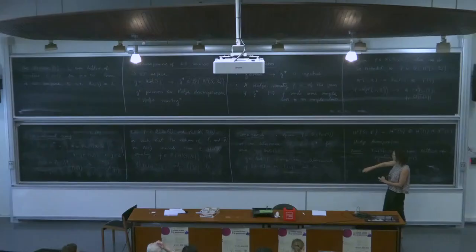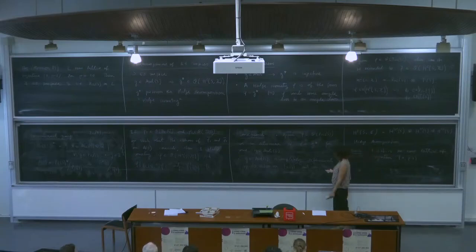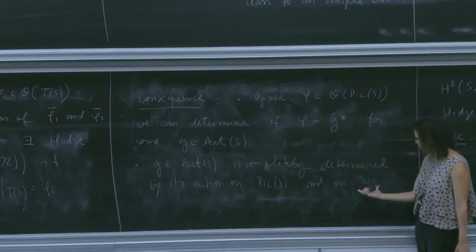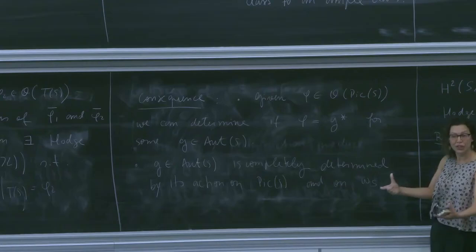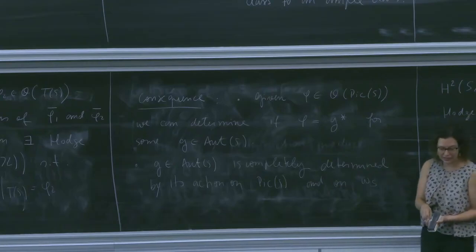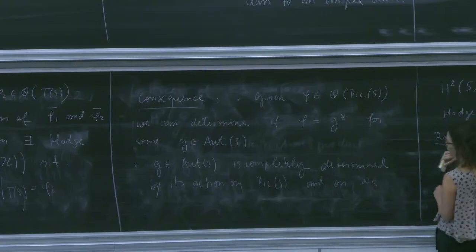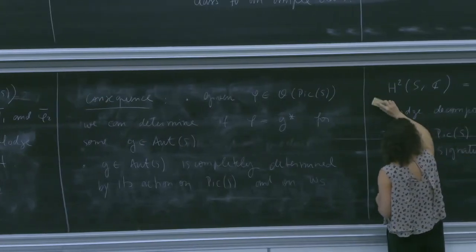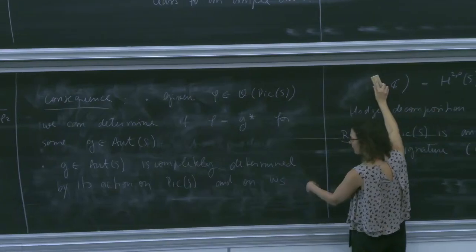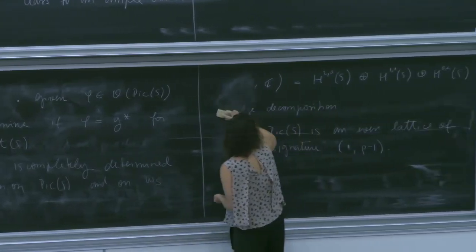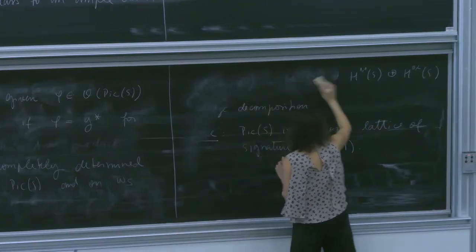This does not follow from what I told you, but it is still true that once you know the action on Pic(S) and how it acts on omega_S, there is a unique way to define the action on the transcendental lattice so that it glues. And this action is always a multiplication by some root of unity. But I guess we won't need that.